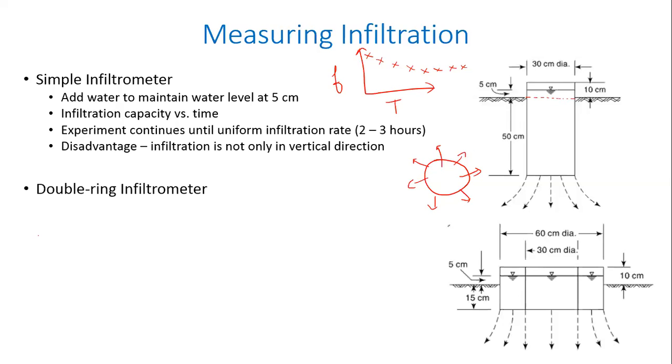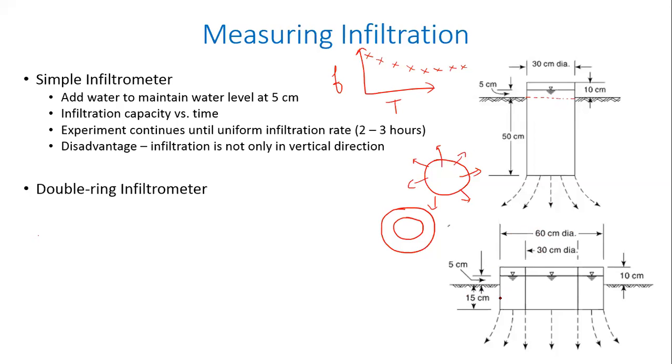So instead of having one ring, you have two concentric rings. Okay, so if I look at it in plan view, it will look something like this. There'll be one ring on the outside and then another ring on the inside. And so this entire setup is driven into the ground. Okay, consisting of these two rings, and then the dimensions are given. These are typical values. Okay, 30 centimeter inner ring diameter and 60 centimeter outer ring diameter.